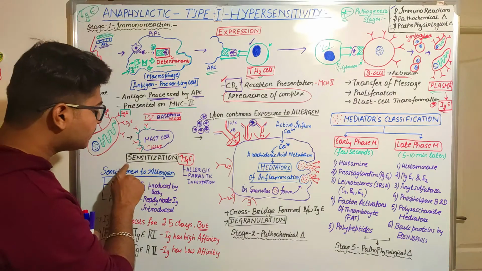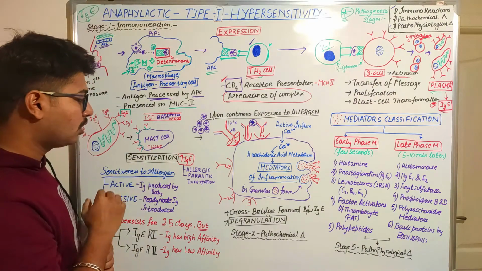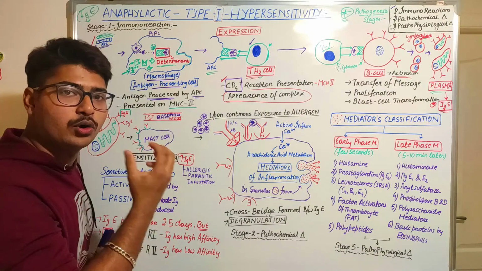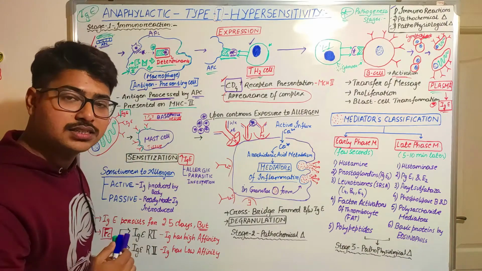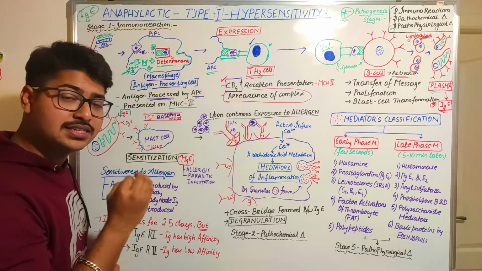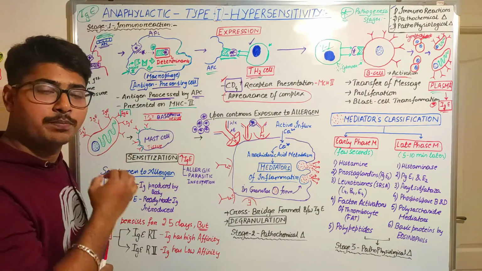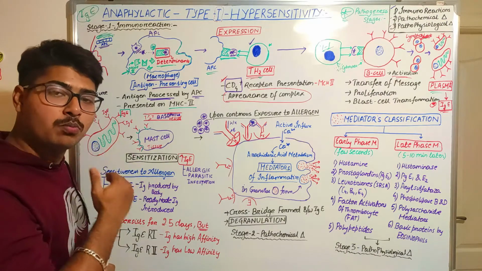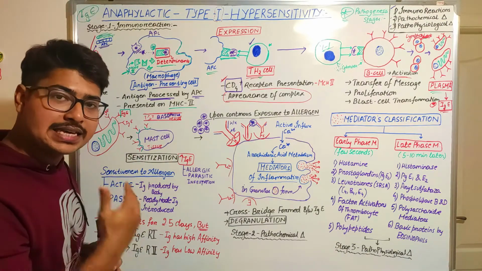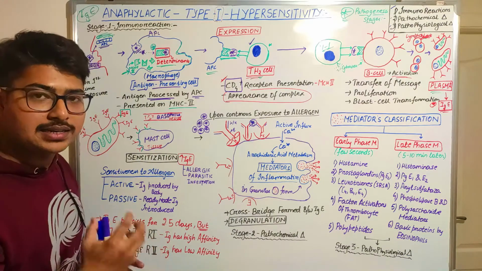If sensitization does not occur, then our body is never going to be protected from these kinds of allergens or antigens. So sensitization is required for increasing the production of antibodies like IgE in response to the allergens.